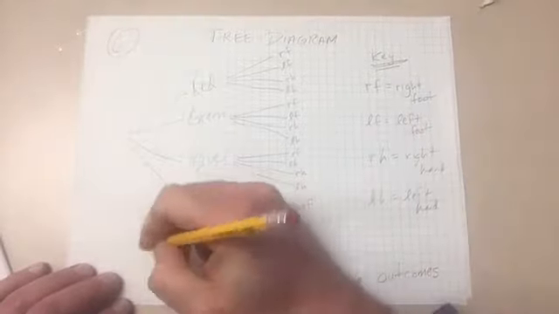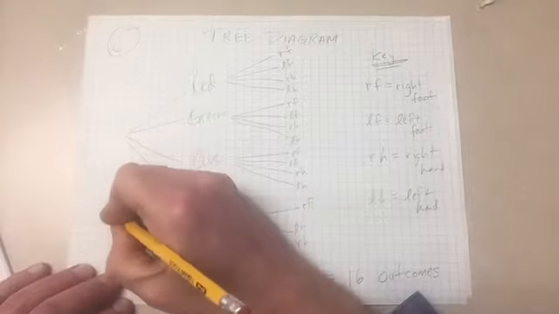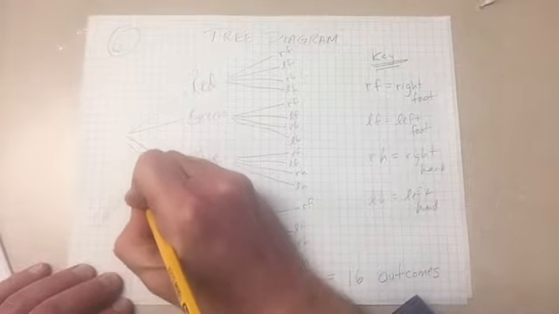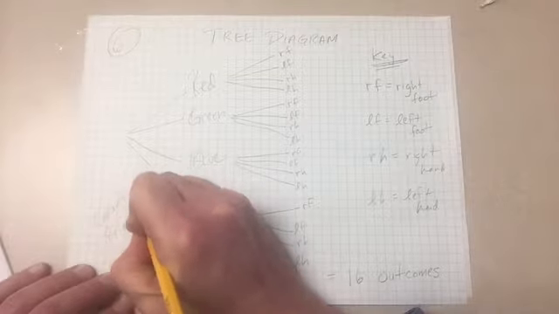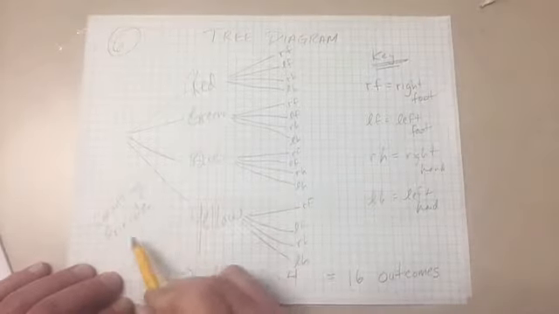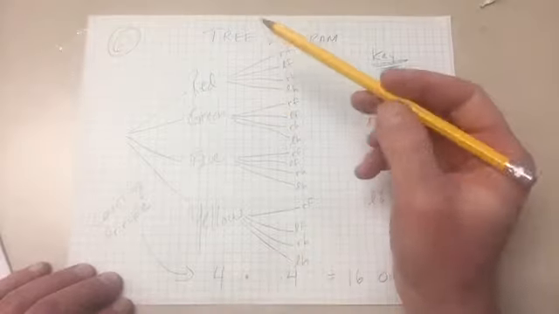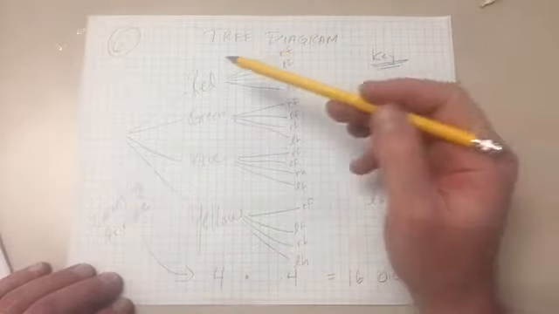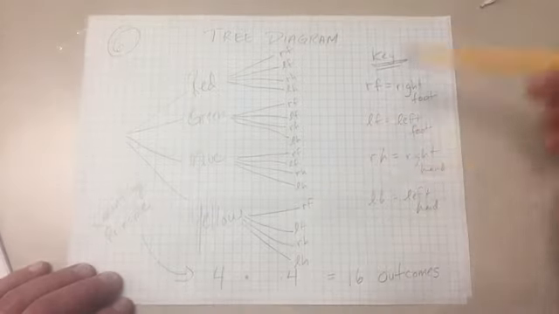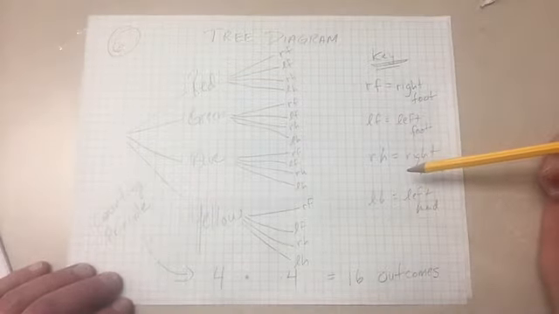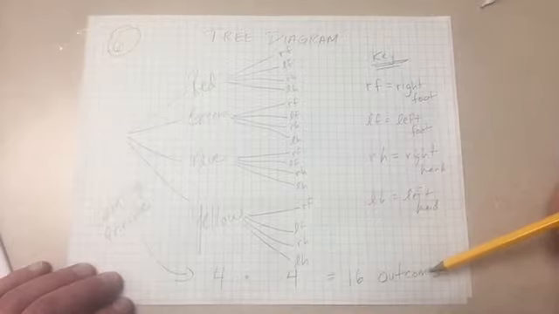And that is called the counting principle. What the counting principle says you can do is, for each event, you multiply the number of choices, and you do that for as many events as you have, and that gives you the total number of outcomes.